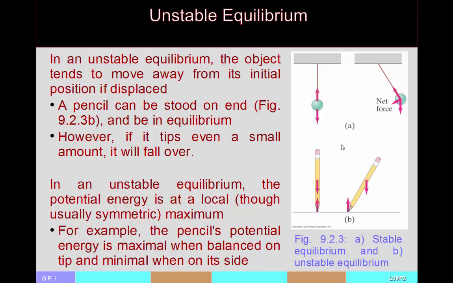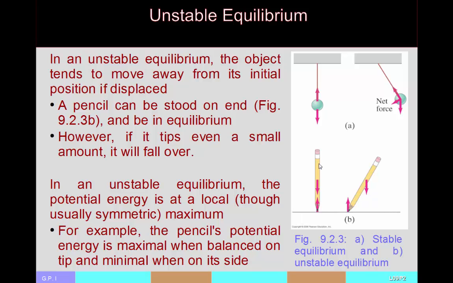The bottom half of this diagram illustrates what unstable equilibrium might look like. So this pencil when it is like this, balanced on its tip, is in fact in equilibrium. It can stand on its tip straight up.